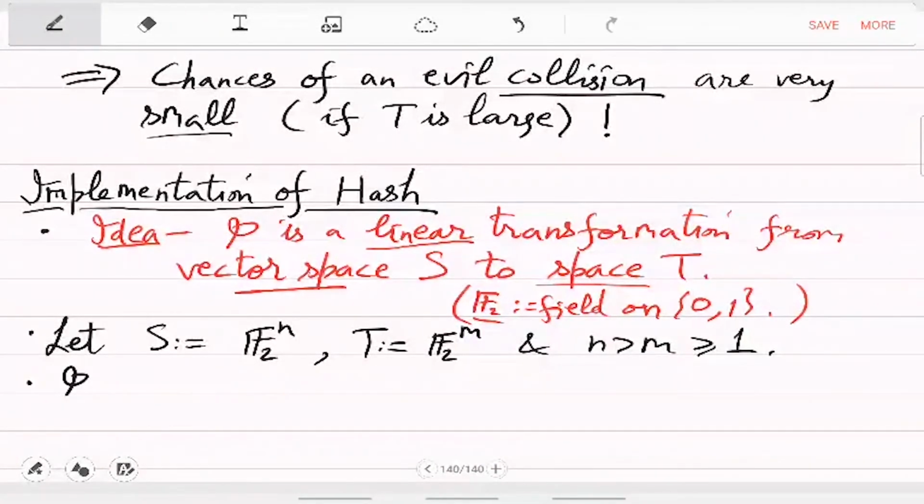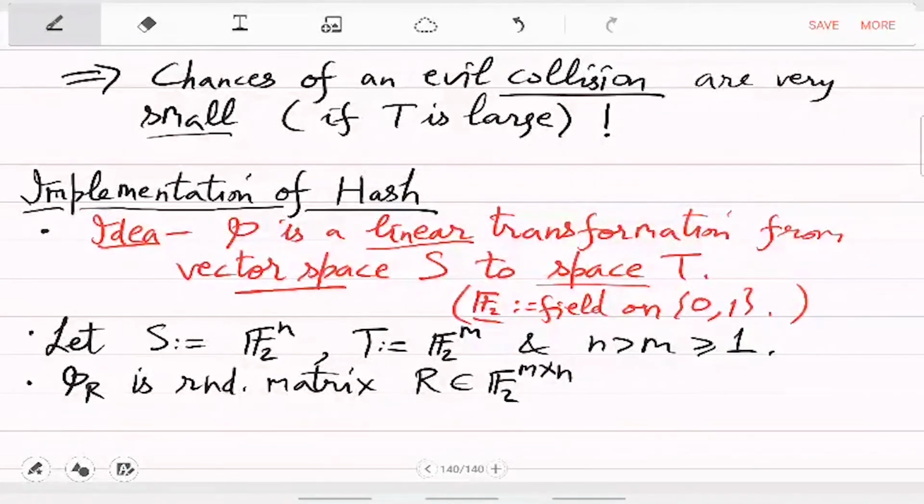Now phi r is a random matrix R, so it is m cross n, such that the action phi r from S to T is simply given by a column vector S transforming to a column vector by left multiplication.